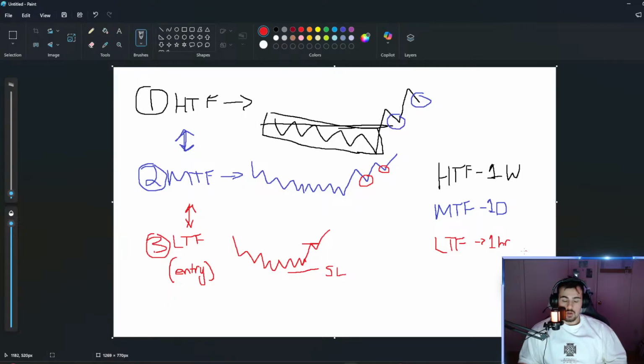Now, what you guys will learn in fractals is that you can use as many time frames as you want. For this strategy, you'll see I put my lower time frame here as the 1 hour, but I'm actually going to use another lower time frame, which will be the 10-minute time frame.